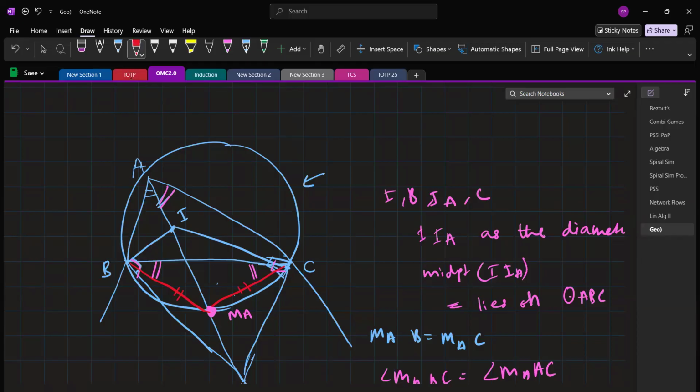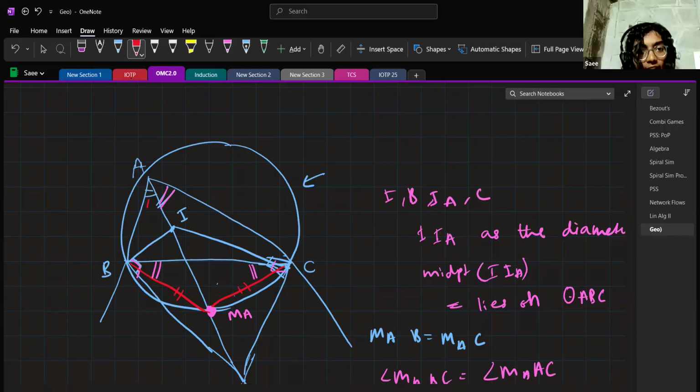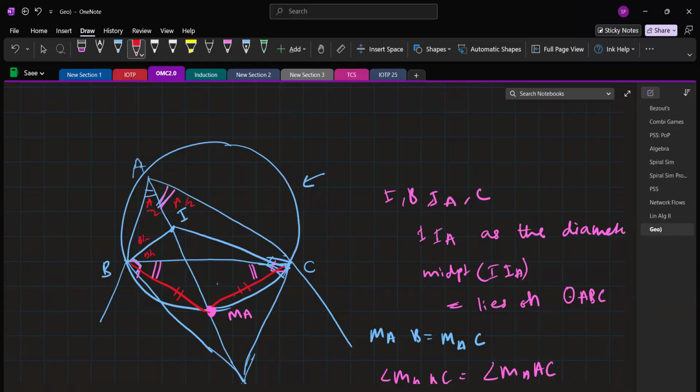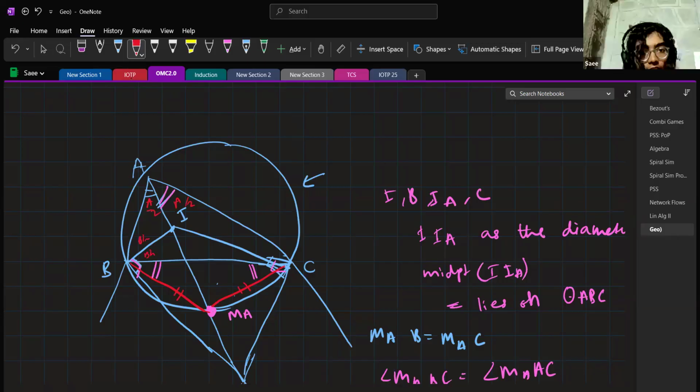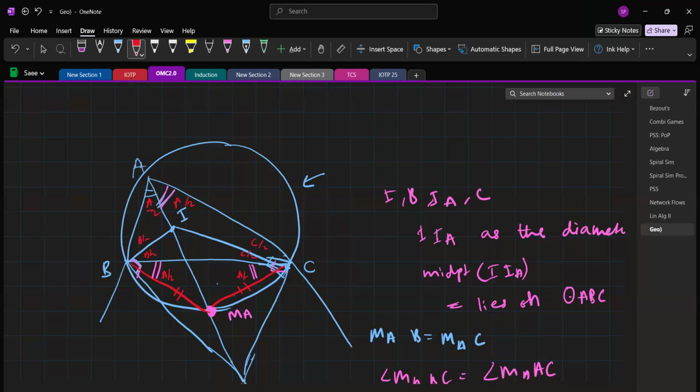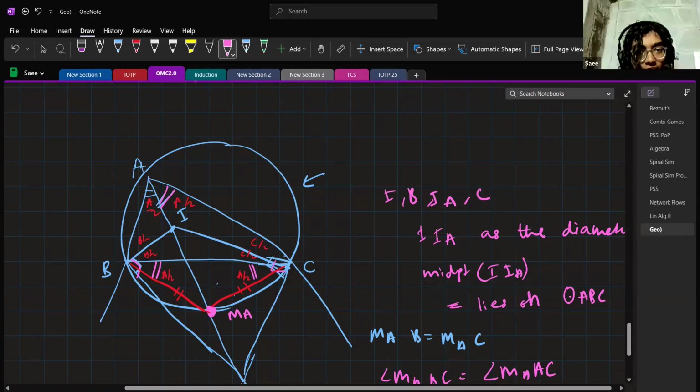Let's call these angles A by 2, A by 2, B by 2, B by 2, C by 2, C by 2. If we look at triangle MIC, by some angle chasing, we get that angle MIC is equal to 90 minus B by 2, and we conclude that A by 2 plus IC by 2 also.